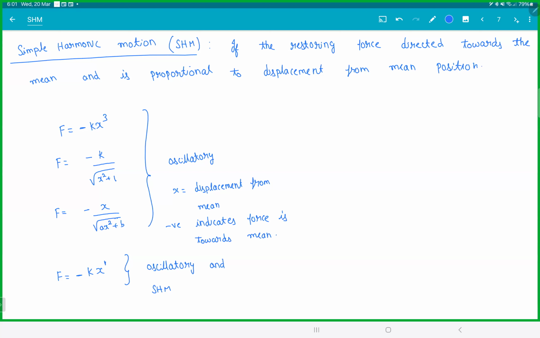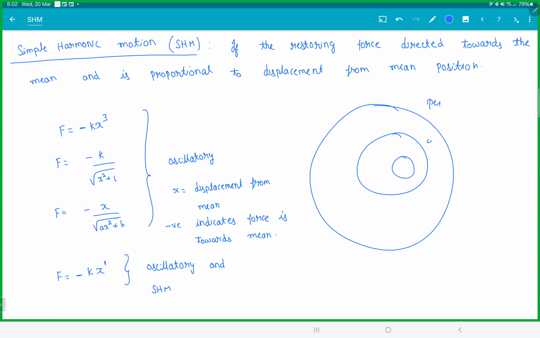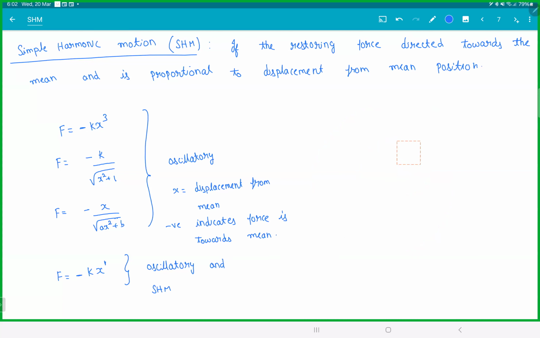I hope you're getting the difference. Any force that depends as a function of x is oscillatory. In that, a special function x power 1 is SHM. So if you see in terms of Venn diagram, this is periodic, this is oscillatory, this is SHM. Making sense? It's like SHM is a very special case of it. Have a look at this.